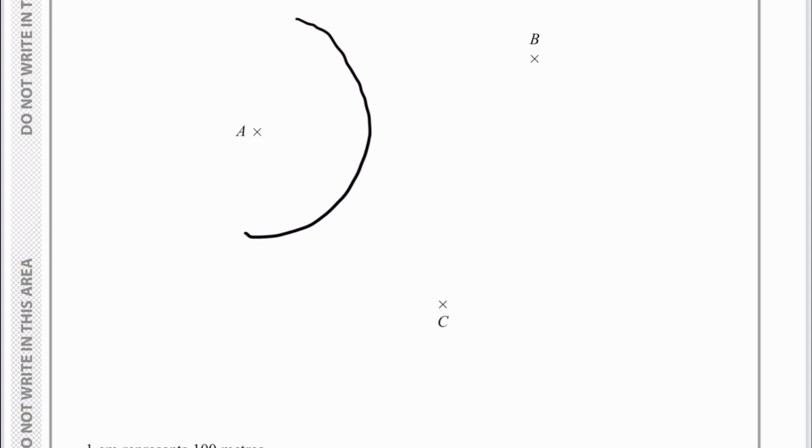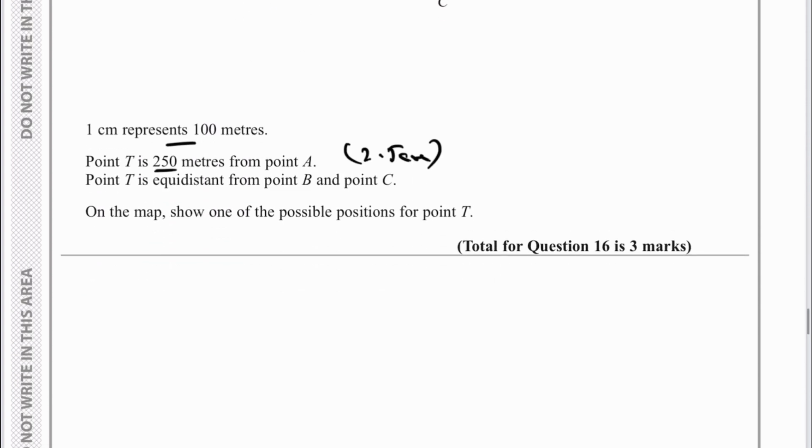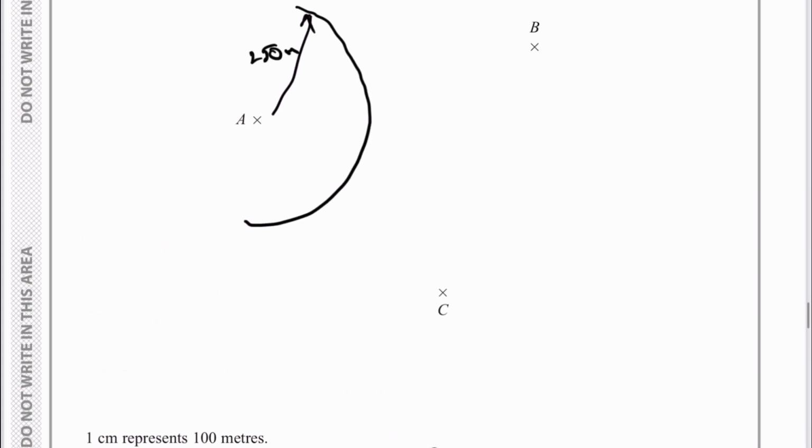Okay, so if I had a pair of compasses, I would be able to draw a circle around there, and that circle is representative of 250 metres, but in the actual drawing it's going to be 2.5 centimetres. Okay, and then it says right at the bottom here, point T is equidistant from points B and C. So in other words, we need to get the centre of line BC.